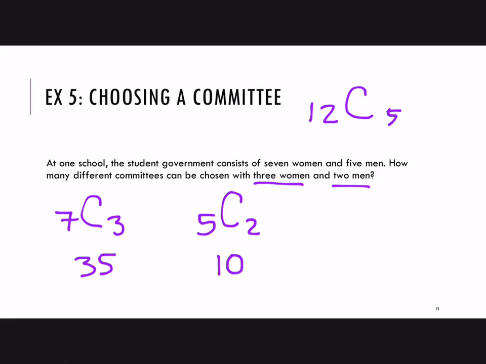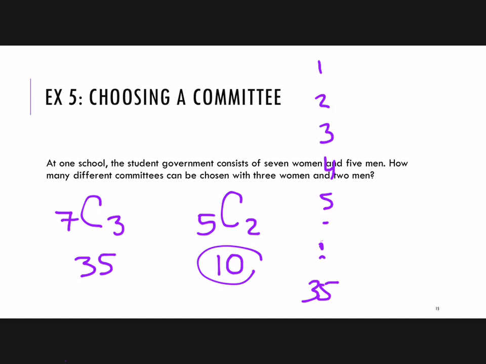If you think of the work that we did with tree diagrams, let's say we've got 35 different options for combinations of women, all the way up to 35 different options. Now, each of those options could be paired up with any of the 10 combinations for men.